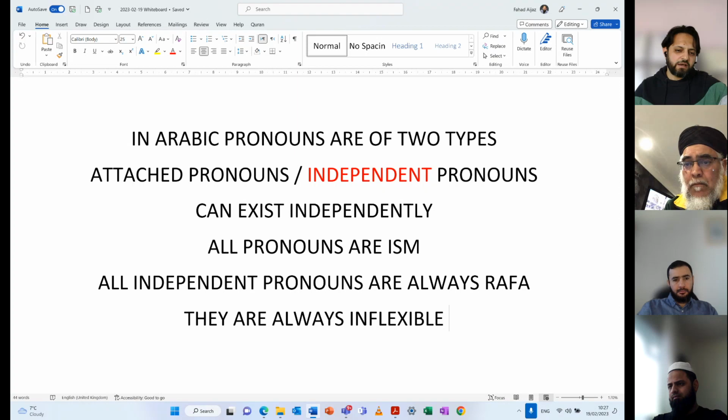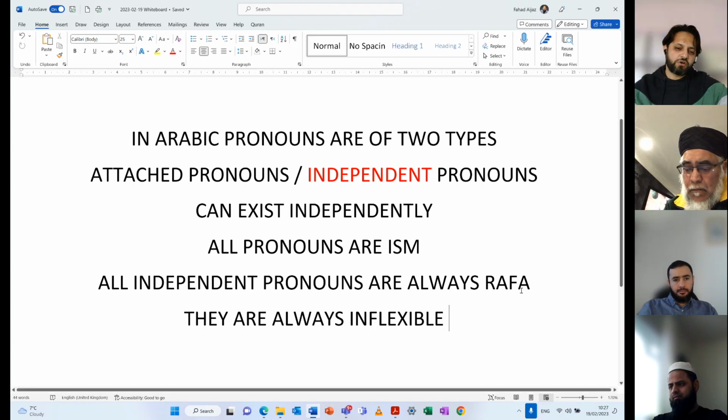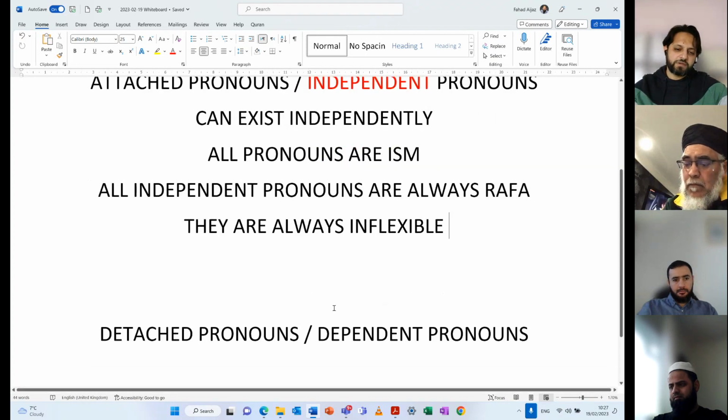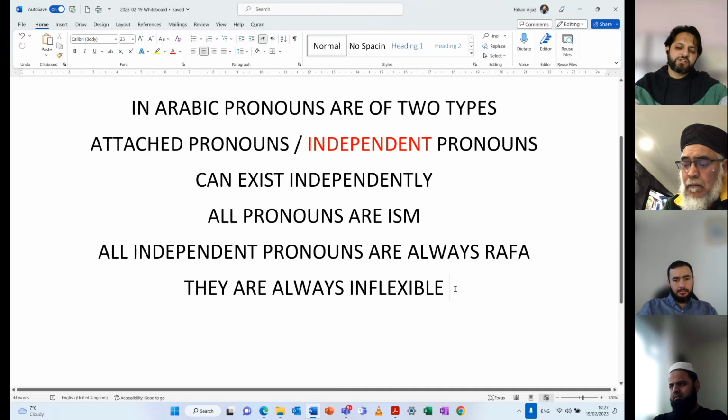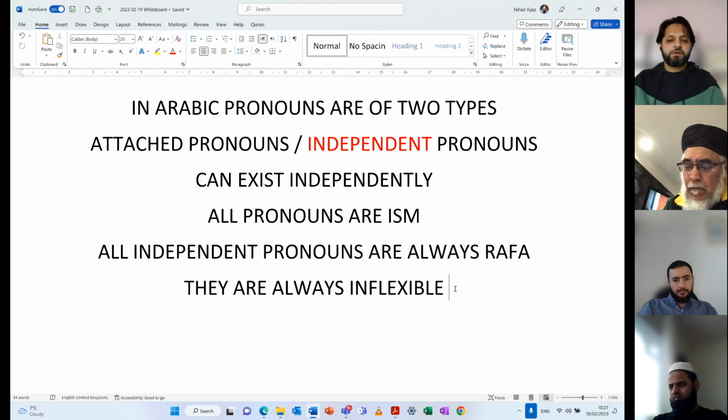I did not explicitly mention "always" for all the pronouns, because in some cases of detached ones, they do change the ending and reflect if they are nasab or jar in a more explicit way. But generally speaking, the overall concept of pronouns is all about being inflexible.